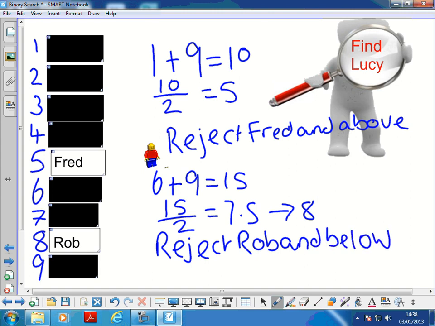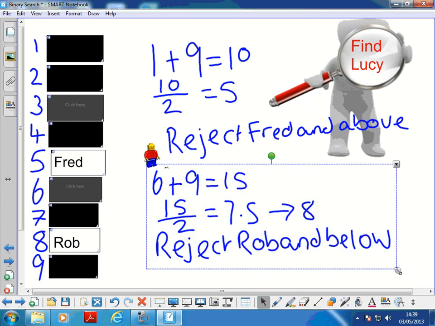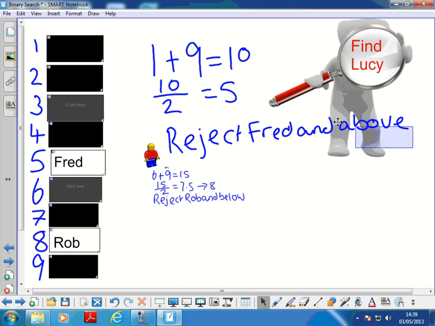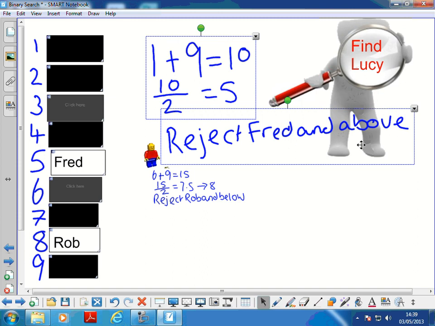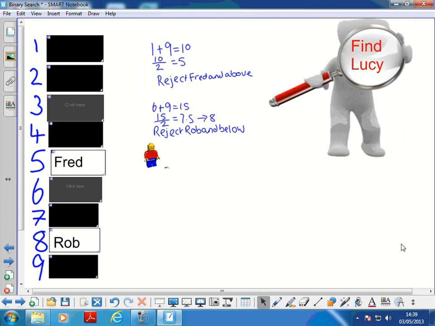Perfect. We just make sure there's room on the board. So we've got step 1 and step 2. Perfect. Our list is now person 6 and person 7, and that's it.